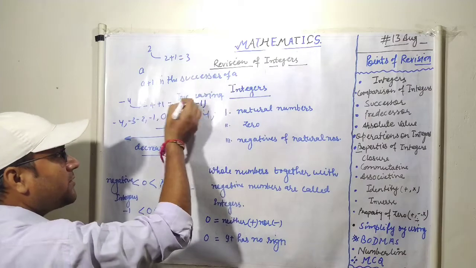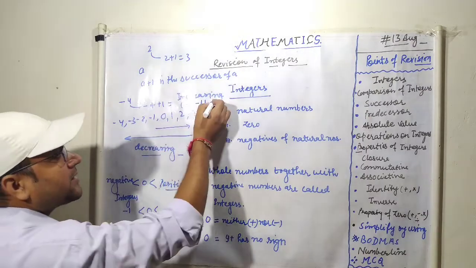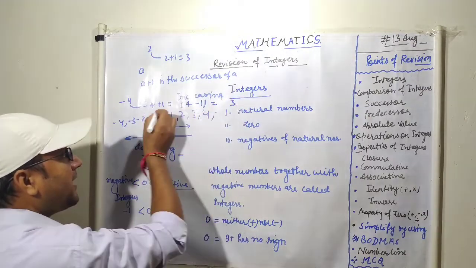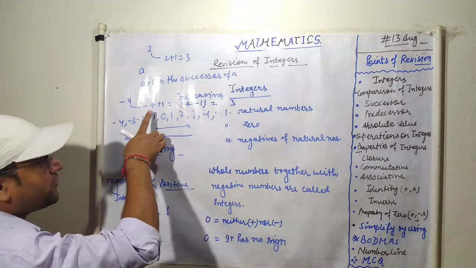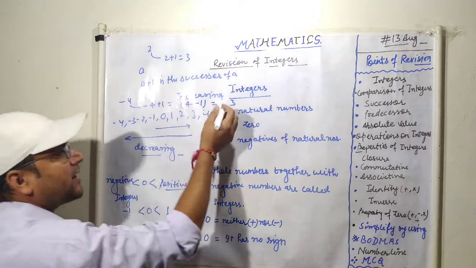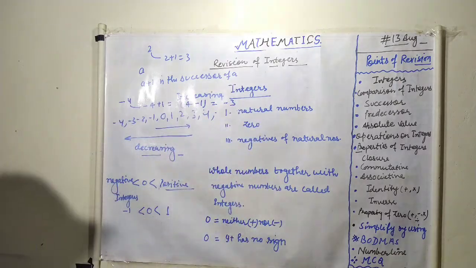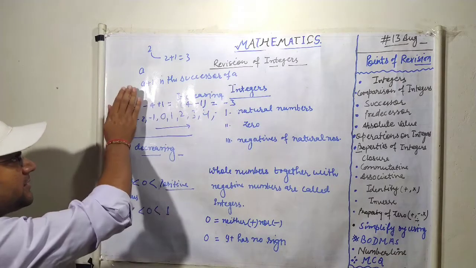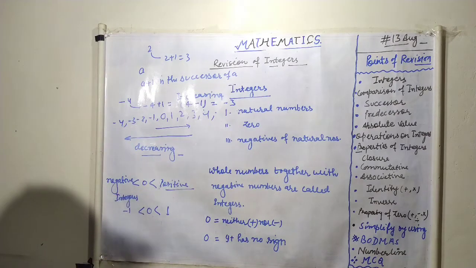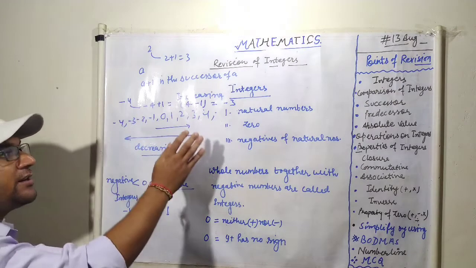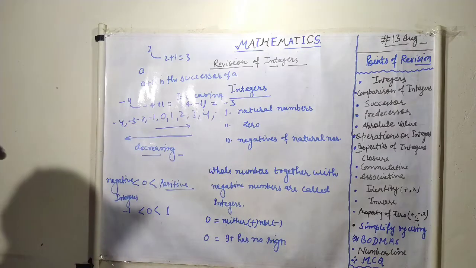Subtract the smaller one from the bigger one, and you get 3. Which one is greater, 4 or 1? 4, and the sign of 4 is minus. So you get minus 3. So the successor of any negative integer is always greater than its given value.